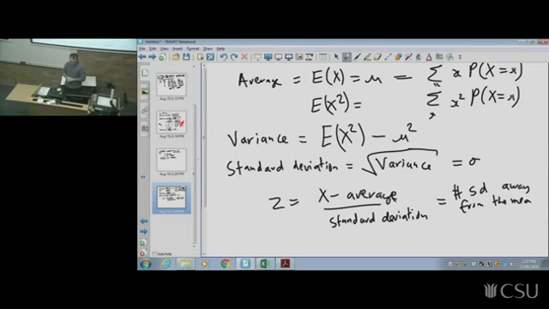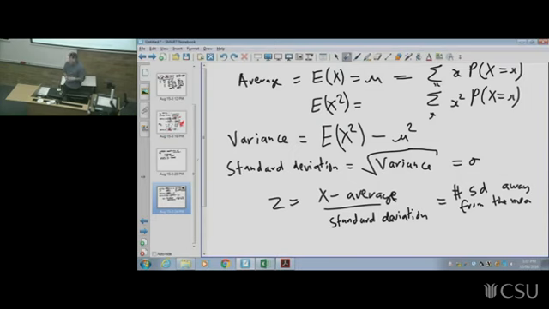So things with a very high value for Z, either really positive or really negative, suggest they're very far away from the mean value. Things which have a Z value close to 0 are very close to the average. And it's all in comparison to how much variability there is. So it's a way of measuring how close things are or far away they are from the mean based on the actual spread of the data.